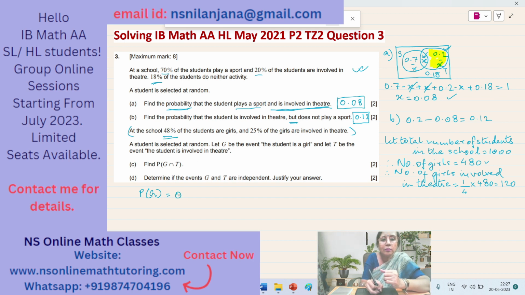So I have taken this just to come to this 120. E of G can be got from this very 48%. You can come to 120 without taking the number of students to be 1000.